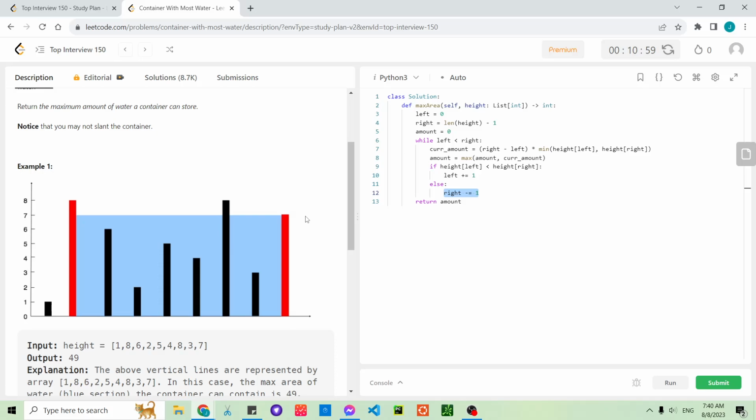When left and right have the same height, since we are only interested in the maximum amount of water, no matter which one we're moving, we will always end up trying out the maximum amount.